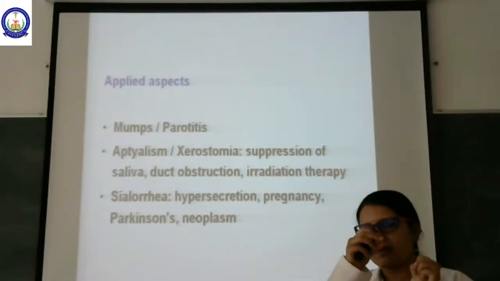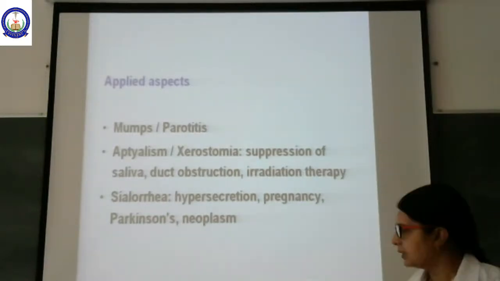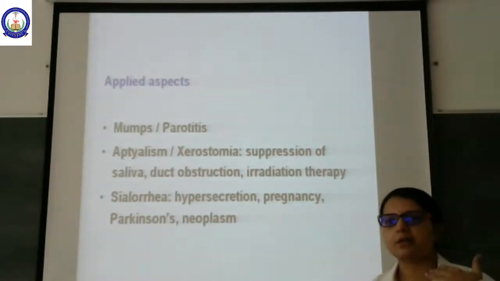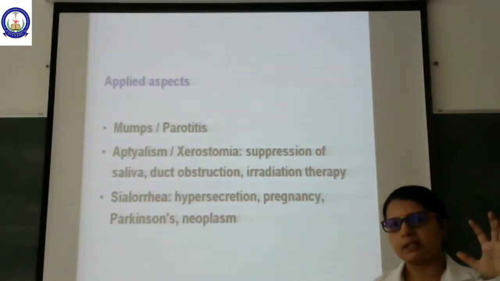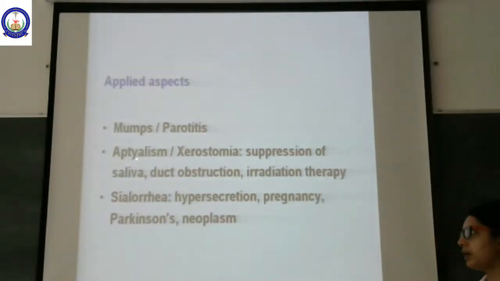These ducts are very small, narrow tubes. If there is any block in the duct itself, the juice will not be released. So ductal obstruction can lead to xerostomia. Irradiation therapy, especially in patients suffering from cancer who undergo radiotherapy, exposes them to very high radiation, and at that time they also suffer from xerostomia.